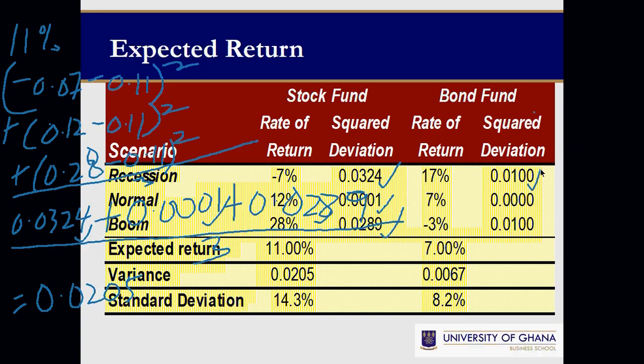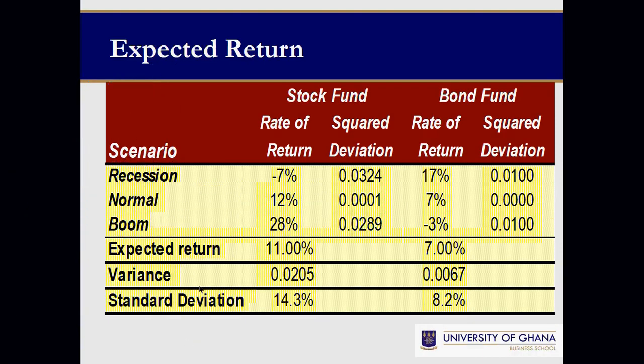So when we do the same for this, we are going to attain the same result. So we had 0.0205 as the variance, and the standard deviation is the square root of the variance, so the square root of 0.0205.